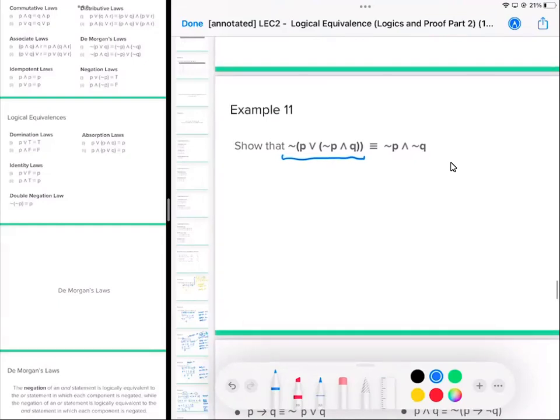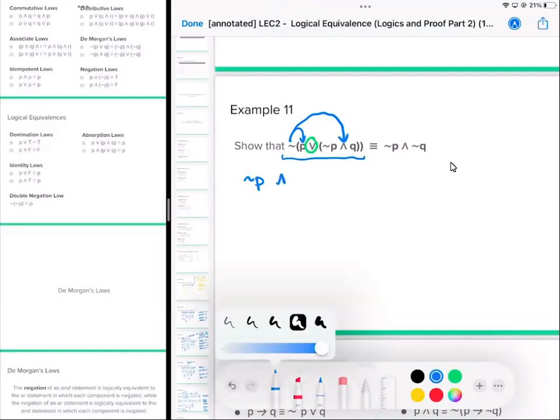So this negation operator can be distributed to the factors of the OR operator. It will be distributed to this and to this whole factor. So this will have the not P, and this OR operator will become AND.